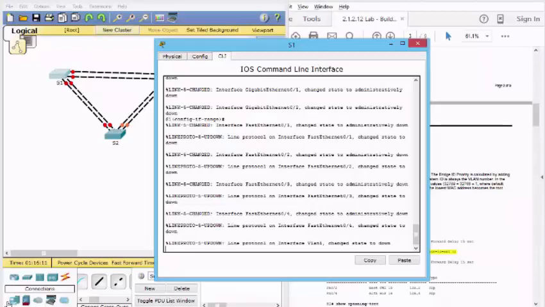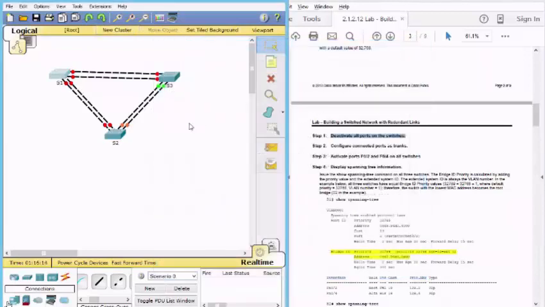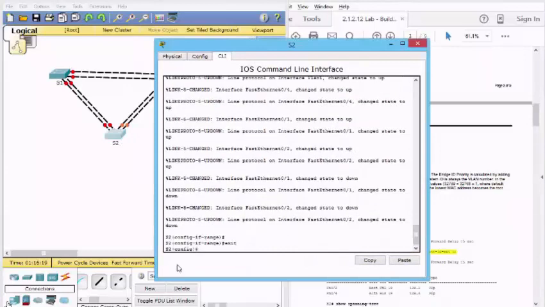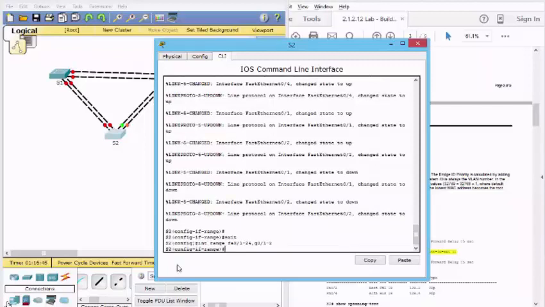And now we do the same thing for switch 2. We're in the global configuration mode, so type interface range FastEthernet 0/1 to 24, because there are 24 FastEthernet ports, and gigabit 0/1 to 2, the 2 gigabit ports, and then we put shutdown.